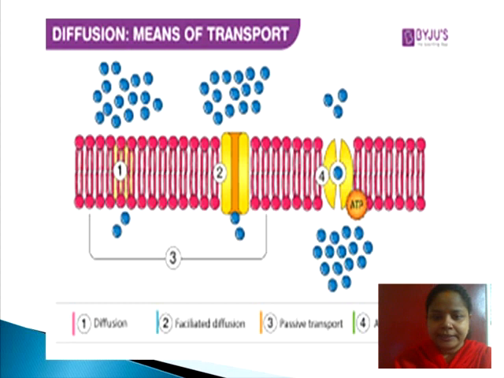This is known as active transport. And without the involvement of ATP, if the molecule moves from higher to lower concentration, this is known as passive transport. So, all of you be clear about diffusion, facilitated diffusion, passive transport and active transport.